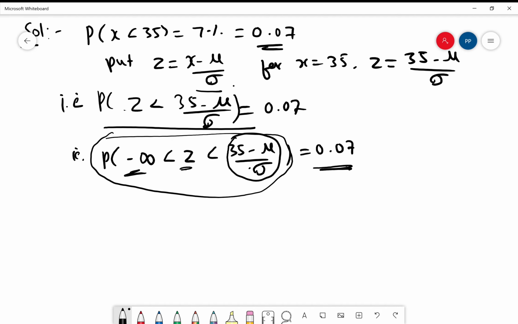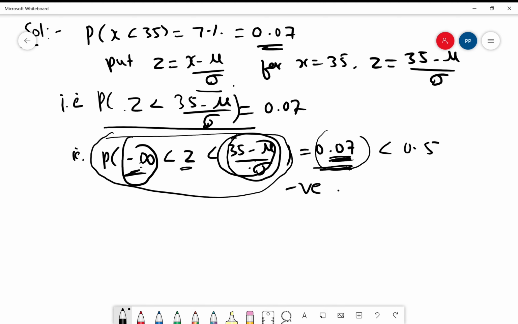If the right hand side is greater than 0.5, then this is from negative to positive, and only then you are getting greater than 0.5. Now, since this is less than 0.5, this has to be a negative or positive interval, whereas this is already negative. Therefore, this must be negative.